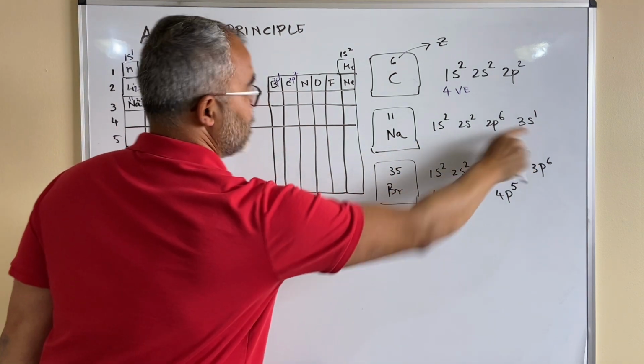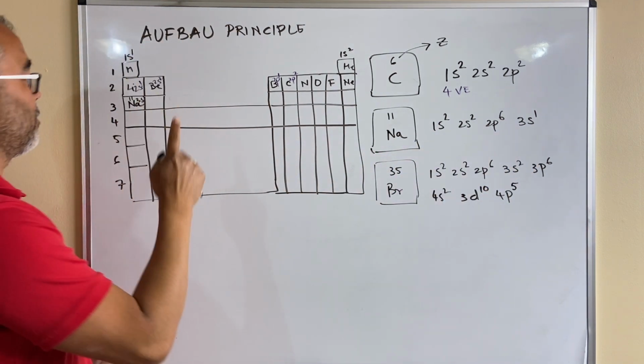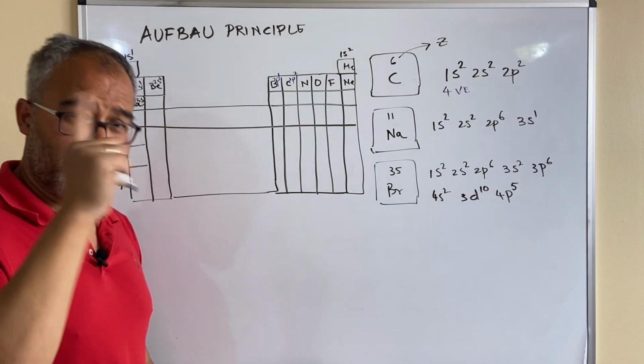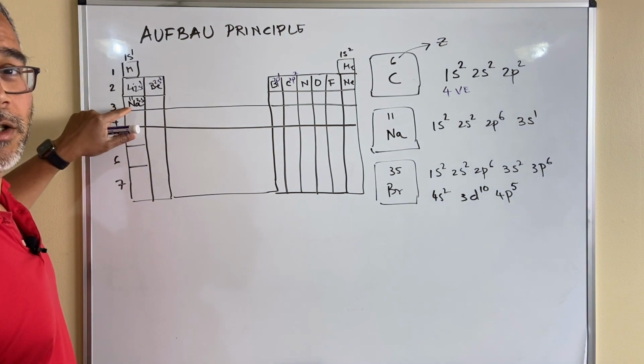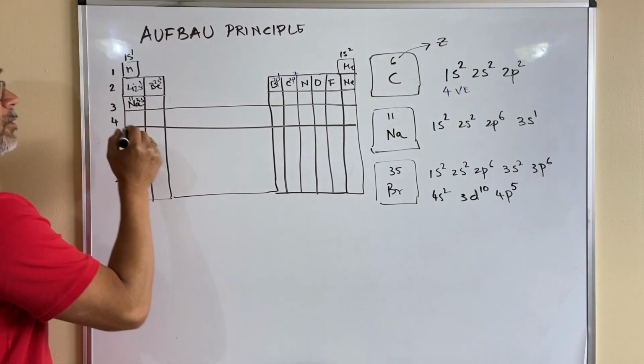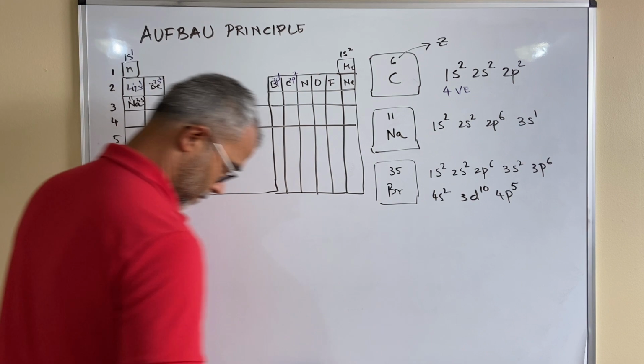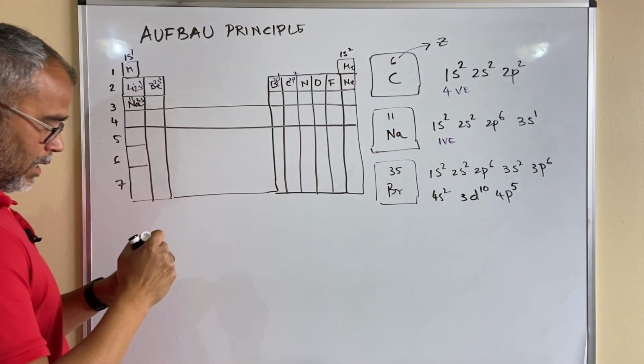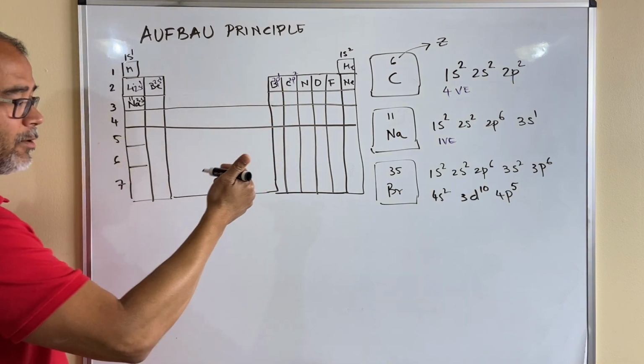Now the noble gas before sodium is neon, so sodium has 1 more electron than the previous noble gas. So it turns out sodium has 1 valence electron.